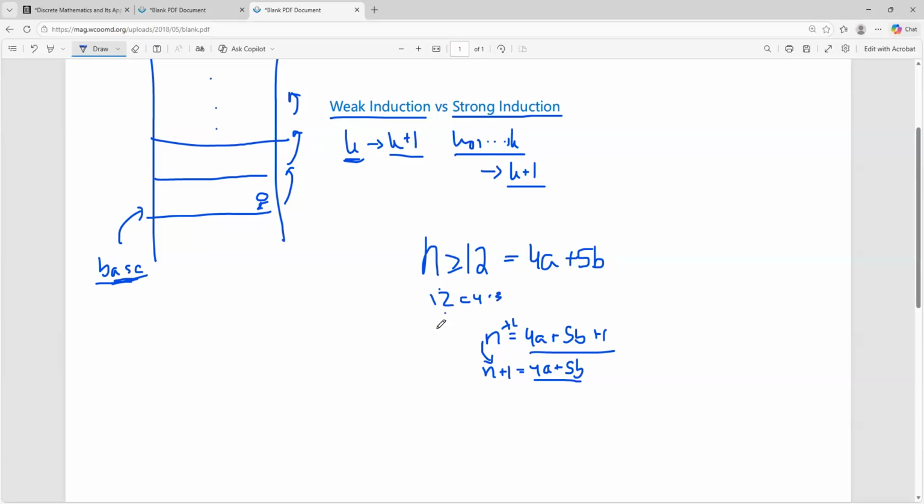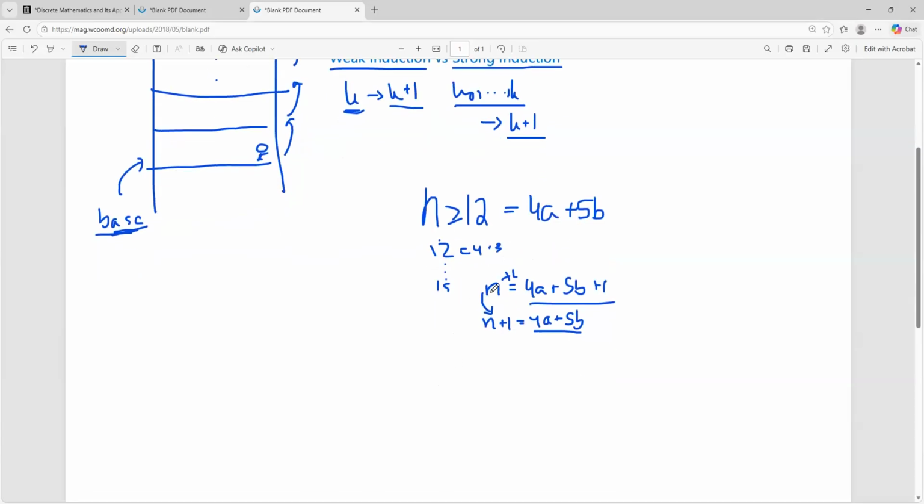So we go from 12, 15, and then we can use the notion that not just n is equal to 4A plus 5B, but everything before it too. For all n greater than or equal to 15, n is equal to 4A plus 5B.